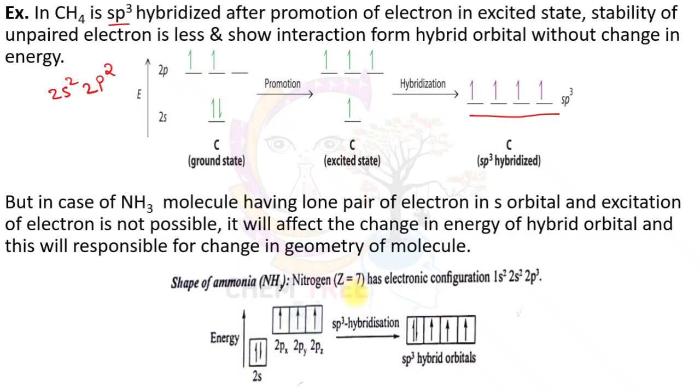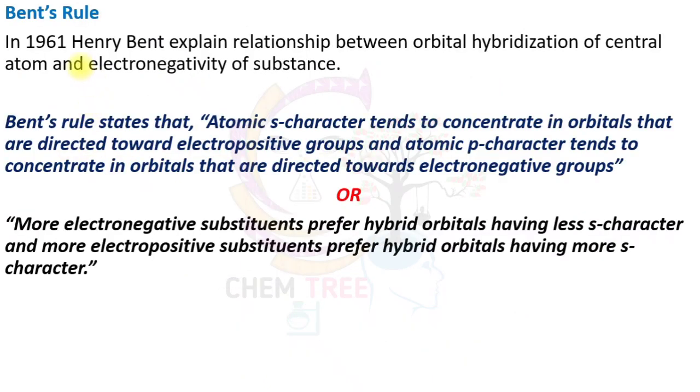This requires some excitation energy, and it is responsible for the change in geometry of the molecule from tetrahedral to pyramidal. To overcome this problem, in 1961, Henry Bent explained the relationship between the orbital hybridization of the central atom and the electronegativity of the substituent.